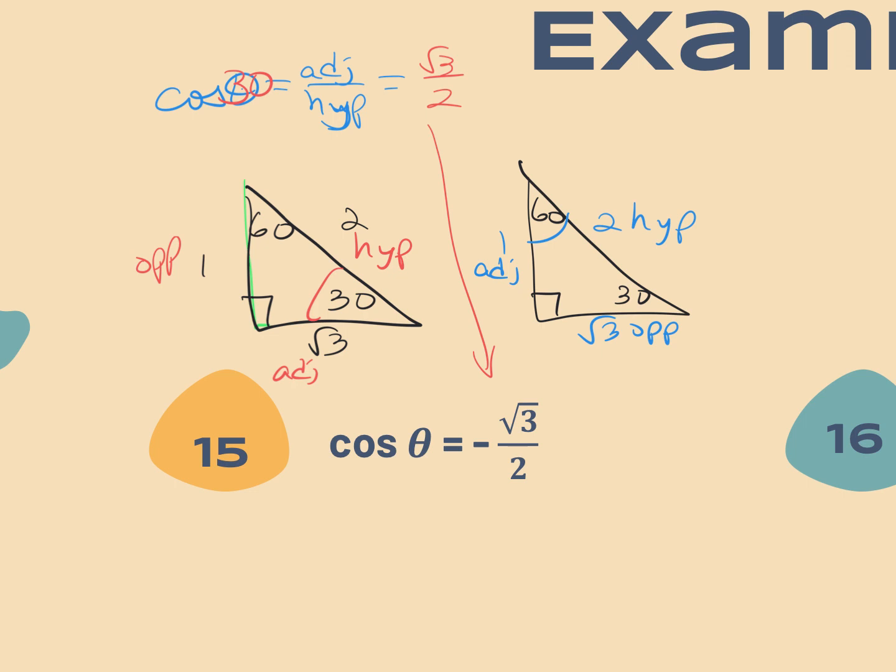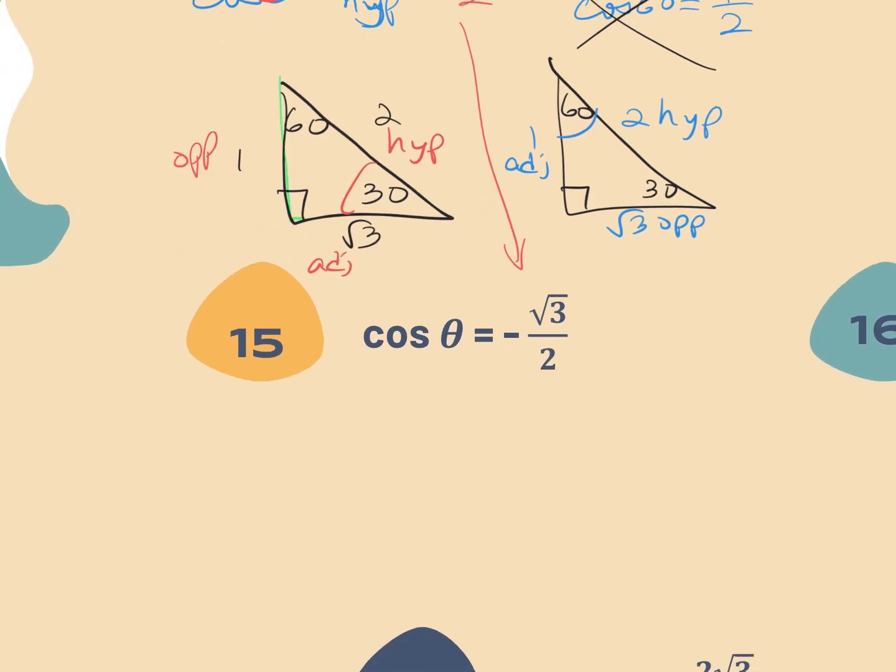If I would have done the blue one first and done cosine of 60, adjacent is 1 over 2, which wasn't what I was looking for. So I can see that my reference angle for this is the 30 degrees. Now what I need to do is, all students take calculus.